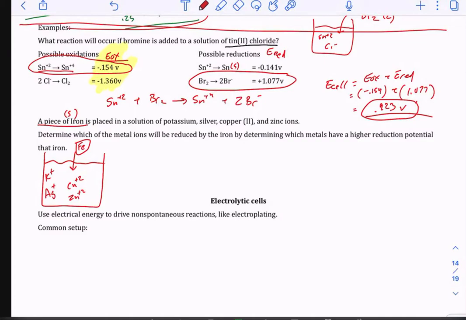And the way that you do this, if you're asking which metal ions will be reduced, what you're really asking is which of these are more easily reduced than iron.